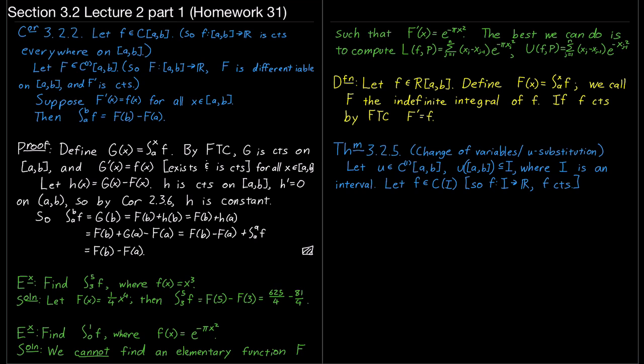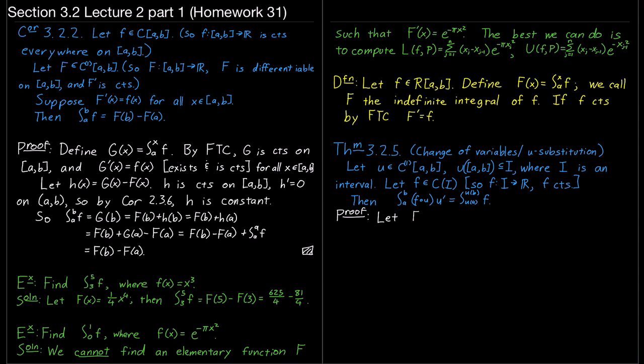And then the integral from a to b of f composed with u times u prime is equal to the integral from u of a up to u of b of f. And the proof is not too tricky.